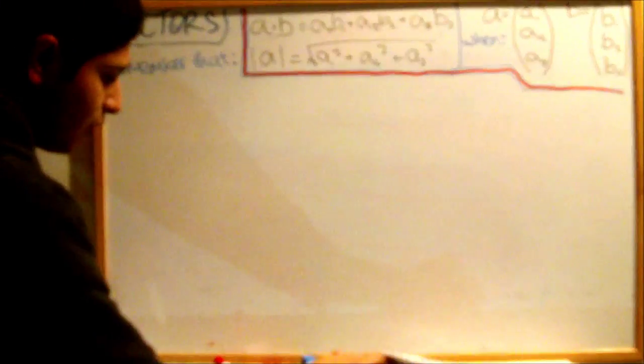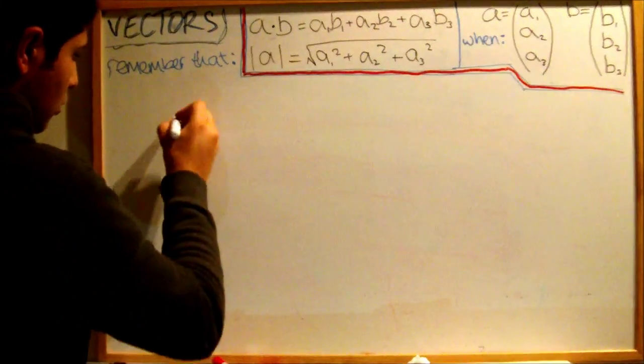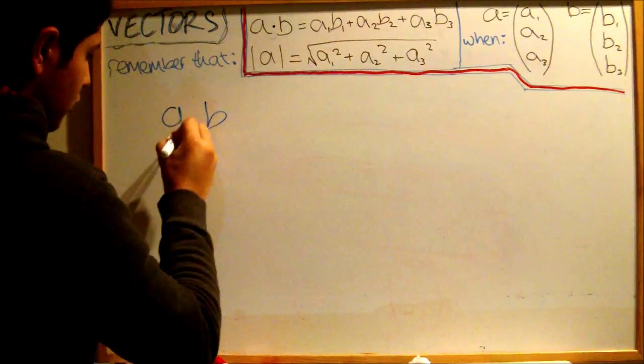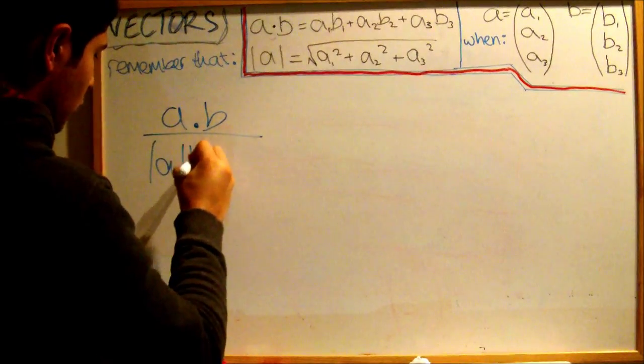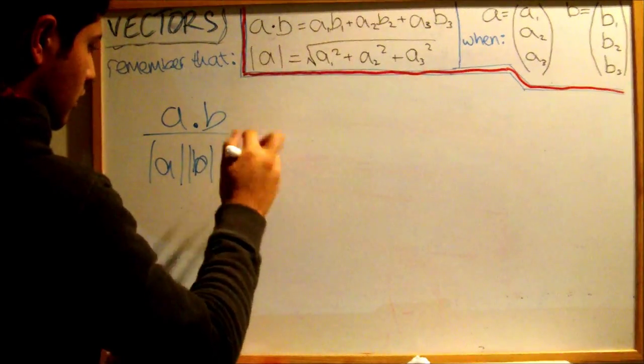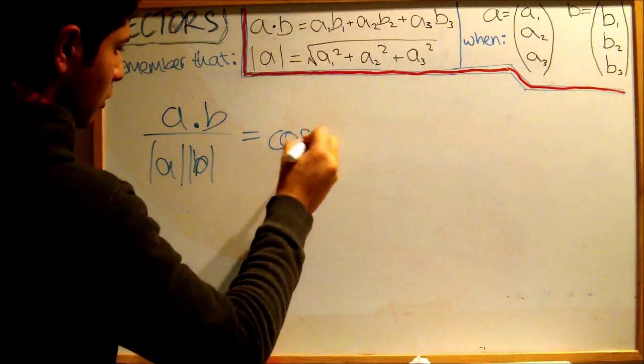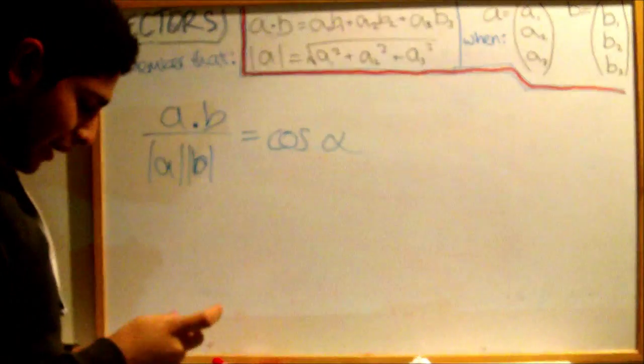So if I write up the equation we saw earlier, A dot product B over modulus A modulus B equals cos of an angle, we'll call it alpha this time.